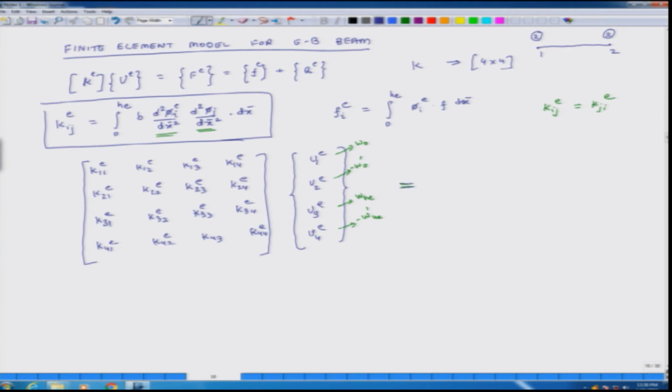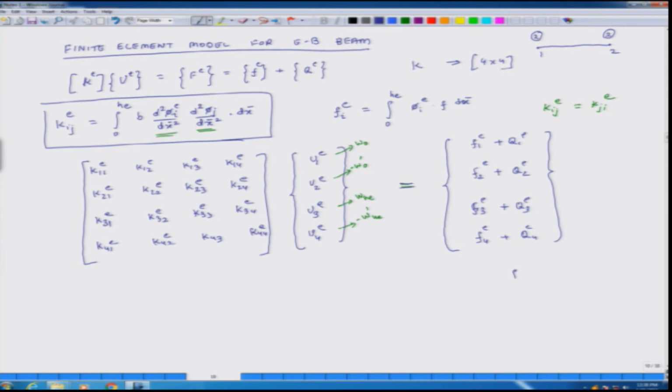This equals a force vector: F1 plus Q1, F2 plus Q2, F3 plus Q3, F4 plus Q4, and there is a superscript e at all of these because this is for the eth element.